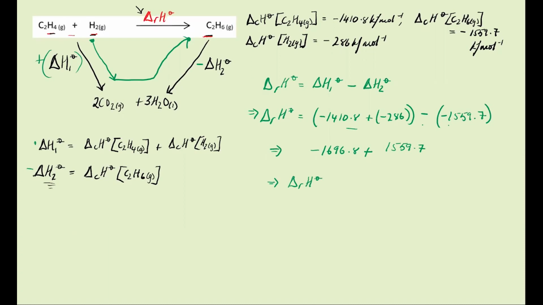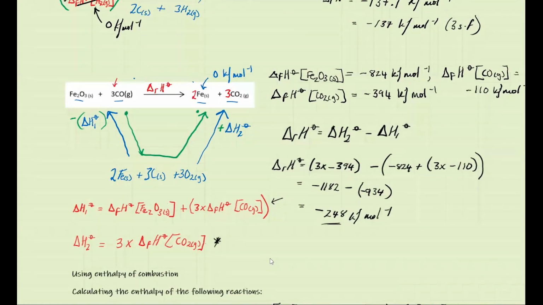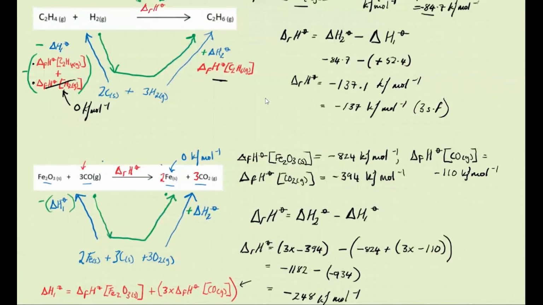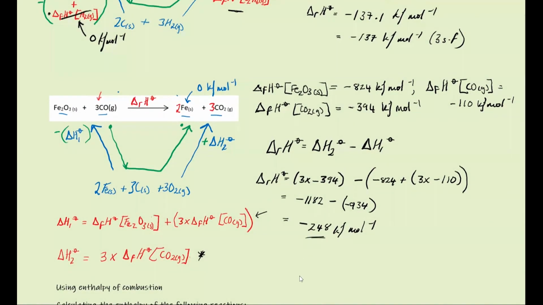Now before we actually calculate this, I'm just going to go up to the top and you can calculate this in the meantime, and hopefully we get the right number. So if we just move this to the top to our previous calculation, we should get minus 137.1 kilojoules per mole.